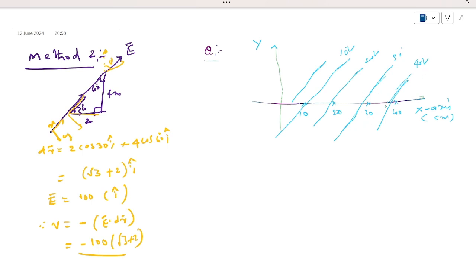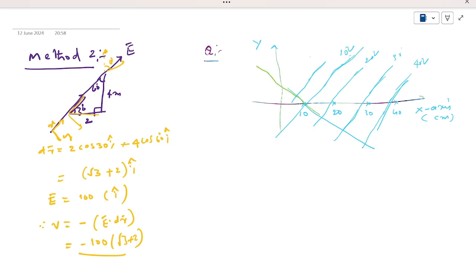The difference between each surface is the same, 10, 10, 10, 10, and on this line anywhere the potential is 10 only. For equipotential lines, the field will act perpendicular to this line, right? This is the direction of field. The field will compulsorily act perpendicular to this surface.